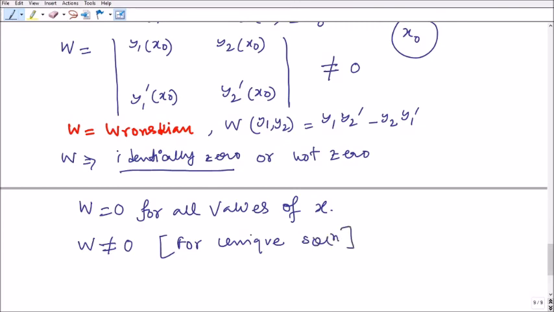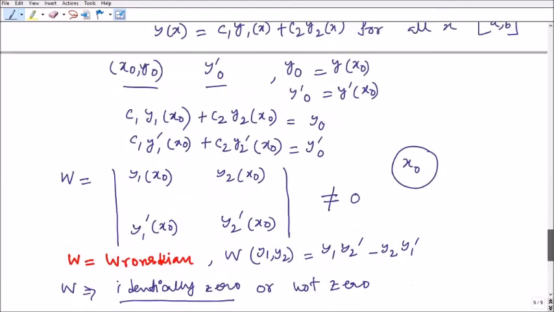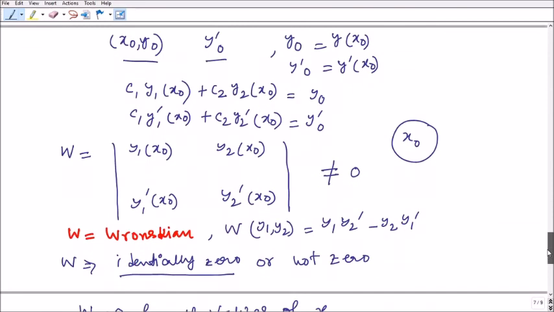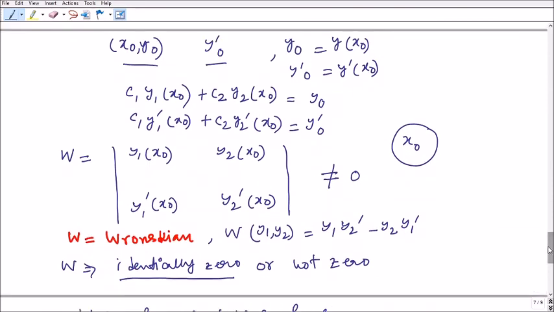So let me repeat again that for a unique solution, we can determine c1 and c2 uniquely, and so if c1 and c2 are determined uniquely, then w cannot be 0.